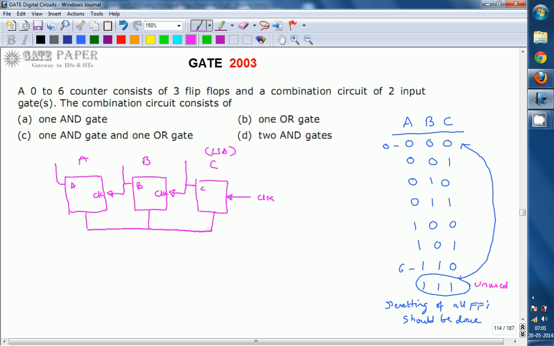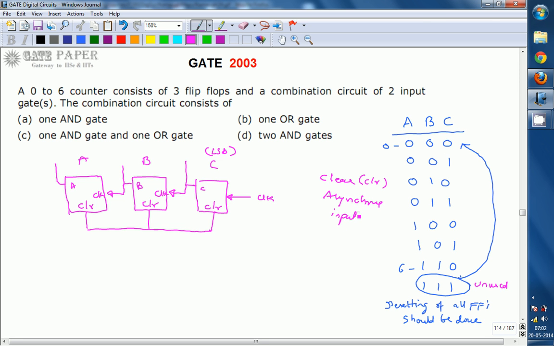This is treated as the reset pin, also called the clear pin, CLR. CLR implies the clear pin, which is used to reset the flip-flops. Remember, this is an asynchronous pin. We write it as CLR. It is an asynchronous input.